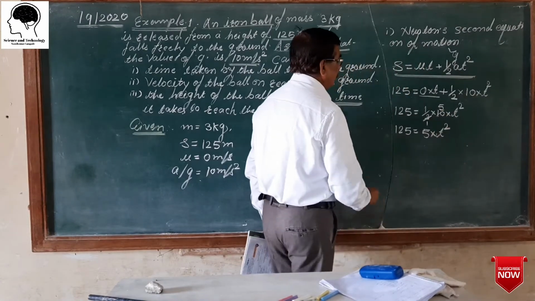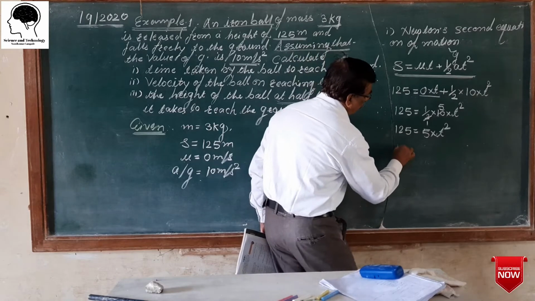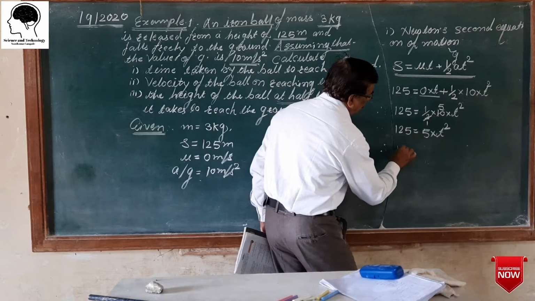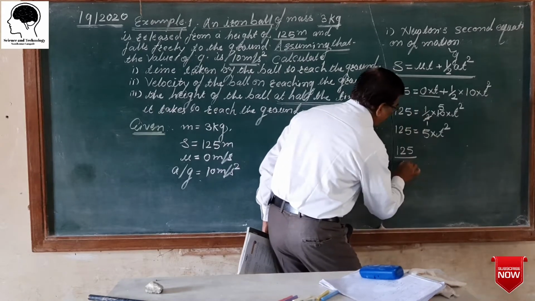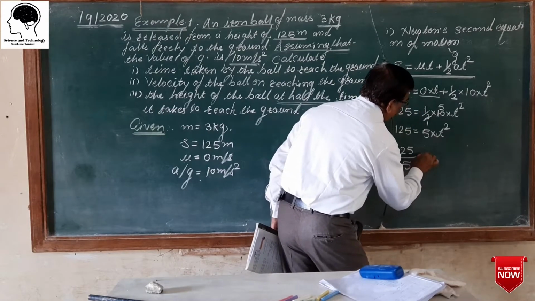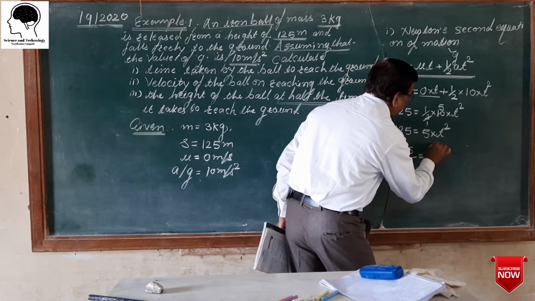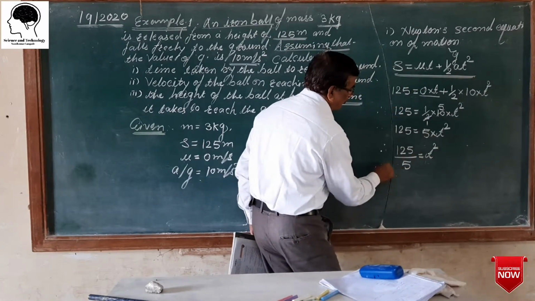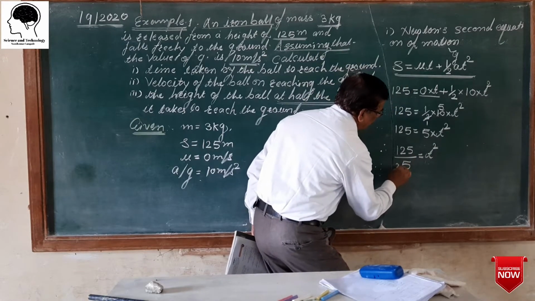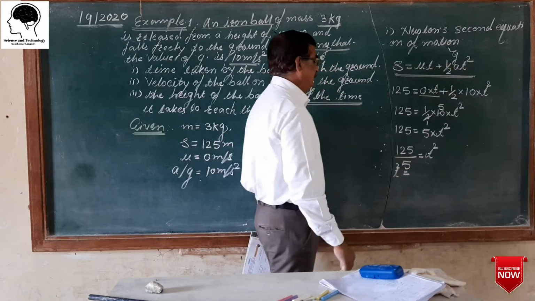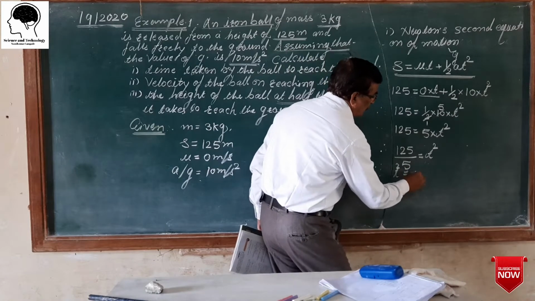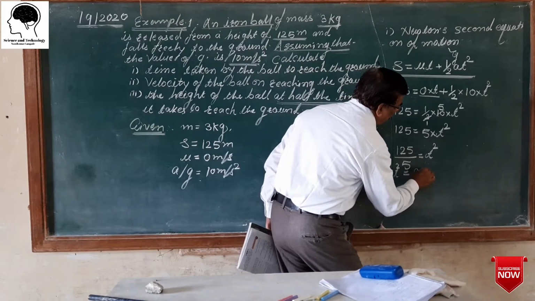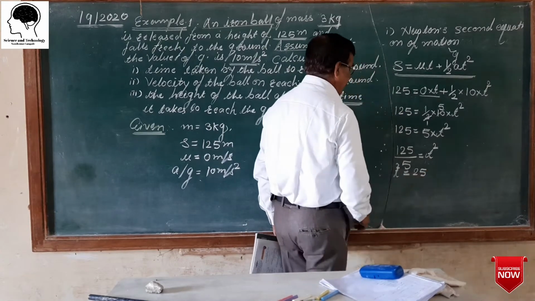Now 125 upon 5 is equal to t square. That means t square is equal to 25.